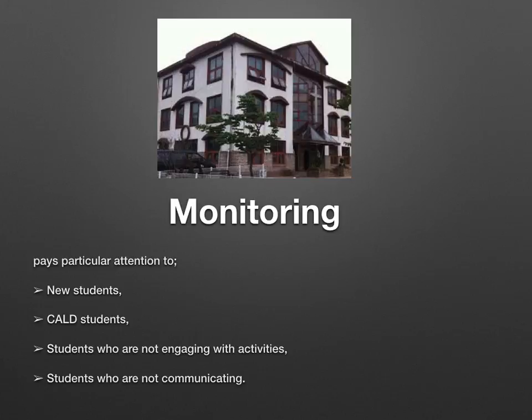So for me, in the boarding residence, they were always the red lights, the little flashing red light. Here's a student who's not engaging with any of the activities. Here's a student who's not engaging with any other students. So we need to find out what the problem is, what the issue is, and provide support to those students. And then, of course, to students who are not communicating, either with the staff or with other students, we need to be able to support those students as well.